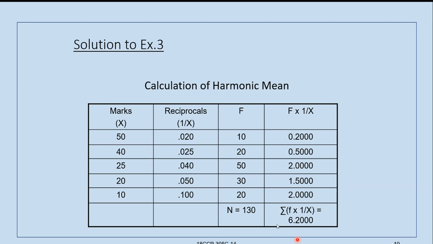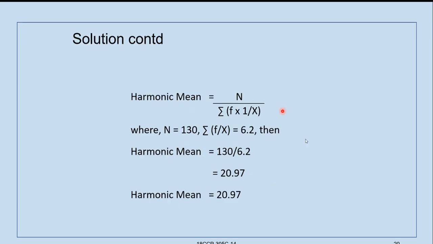Now the application of this formula is 130 divided by 6.2. The formula is n by sigma f into 1 by x, where n is equal to 130.